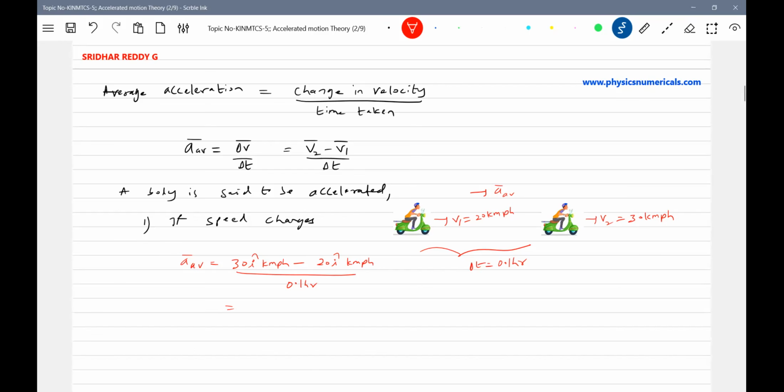So 30 minus 20, that is 10, so how much acceleration will this become? 100 kilometer per hour square. If you want to convert into meter per second square, convert it. The typical unit for acceleration is meter per second square.